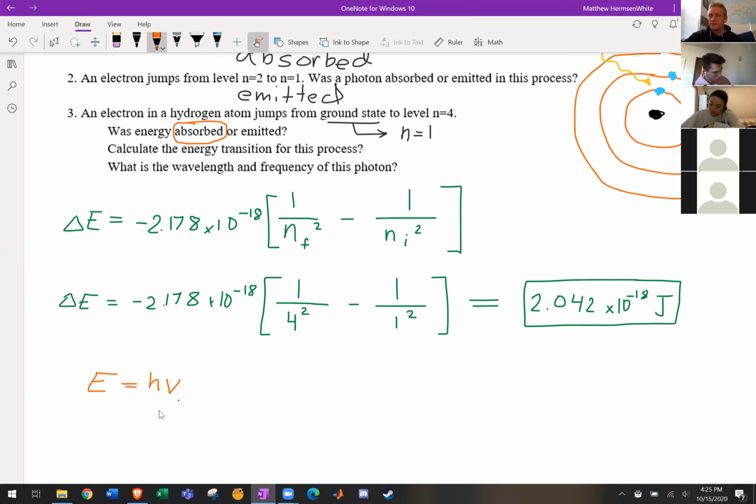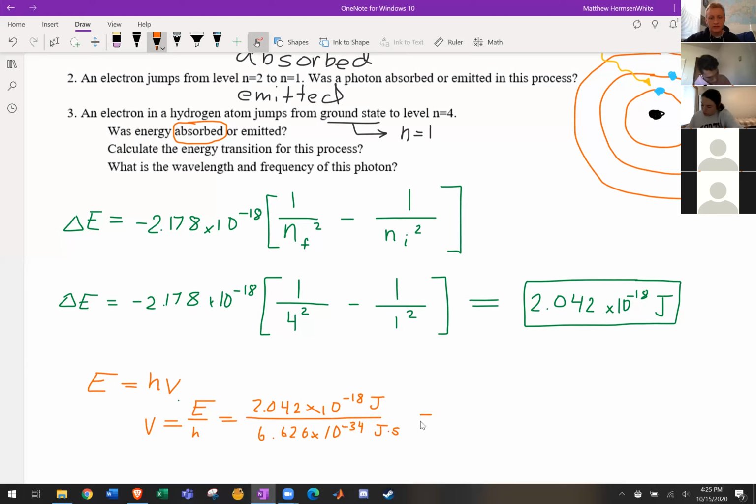So using the equation from yesterday, energy is Planck's constant times frequency. And so frequency would be energy divided by Planck's constant. So the energy change we found up above is 2.042 times 10 to the minus 18 joules, and the h value is 6.626 times 10 to the minus 34 joules times seconds.